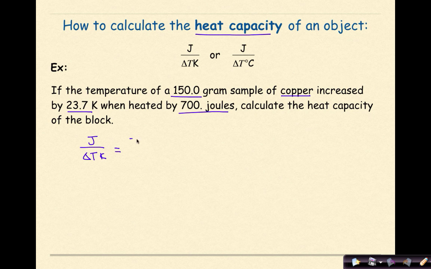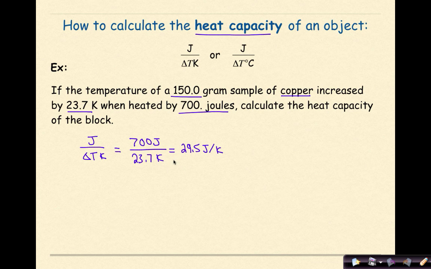So I'm going to have 700 joules up on top, and we are just given a delta T. So that is 23.7 Kelvin. And if I work this out, and I should be doing this to 3 significant figures, I am going to get 29.5 joules per Kelvin. 2 things to note here.